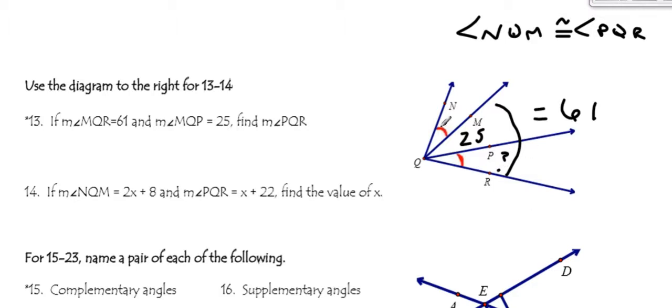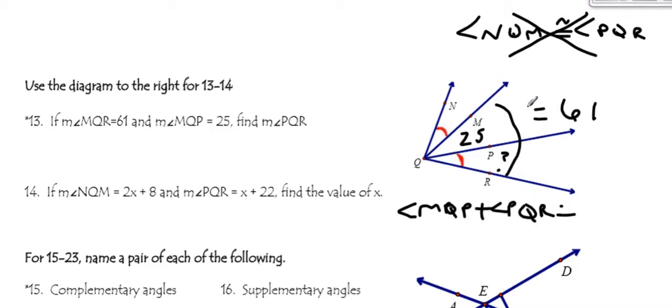Well, turns out these little red arcs right here are not helping us in this problem because we don't know if this MQP is congruent to this PQR. But what we do know is the angle addition postulate is true as well. The angle addition postulate says that this angle, MQP, plus this angle, PQR, is going to equal the entire angle, MQR.